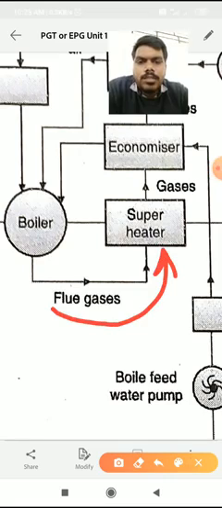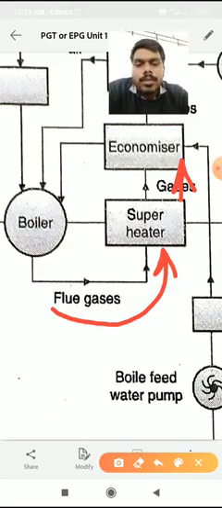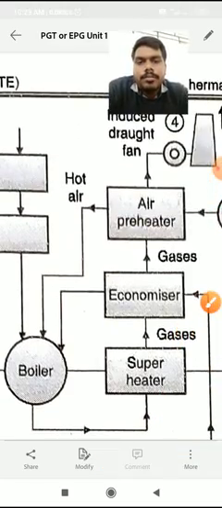Okay, why are flue gases passed through the superheater? In the superheater also there is steam, right? So we need to increase the pressure and temperature. As flue gases are at a very high temperature, their heat can be used for superheating the steam. So this steam gets heated and pressurized by flue gases, and that flue gas is then passed through the economizer, and then it is preheated again.